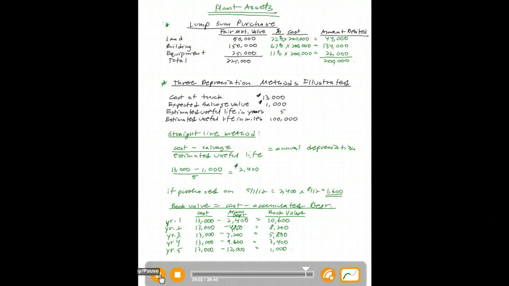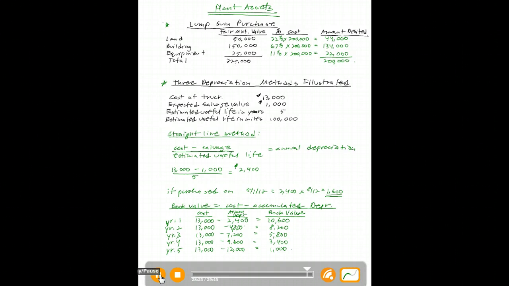Year 2, you'll debit depletion expense for 450,000, and you'll credit accumulated depletion for 450,000.